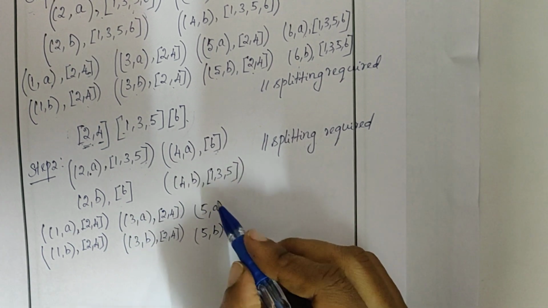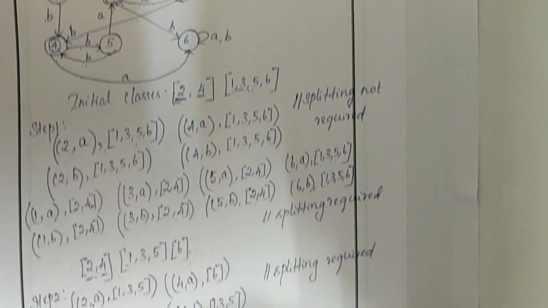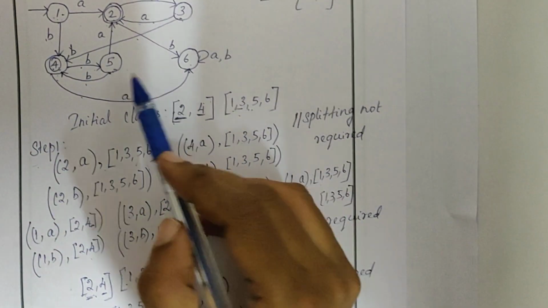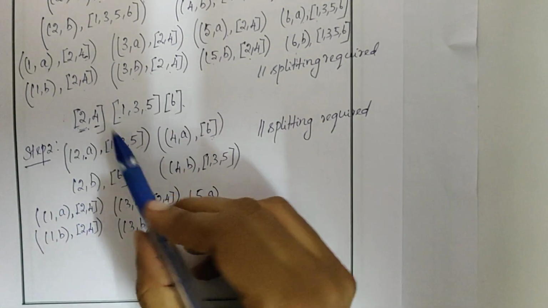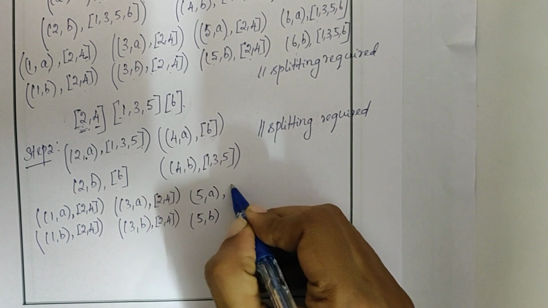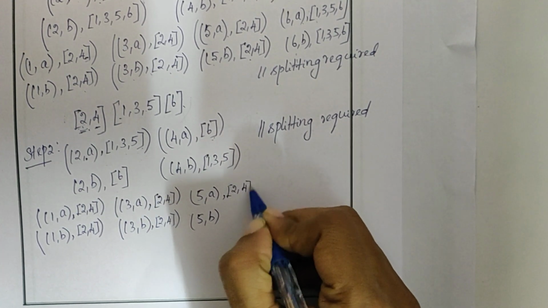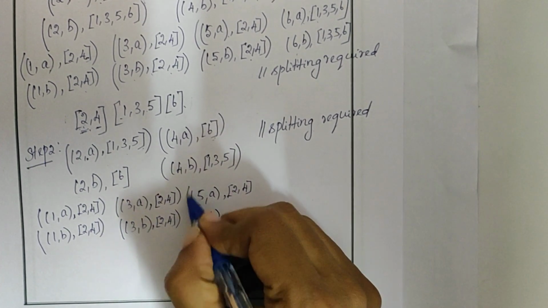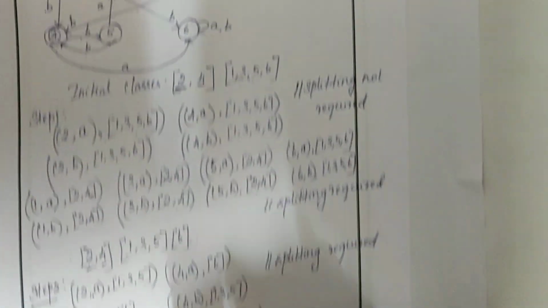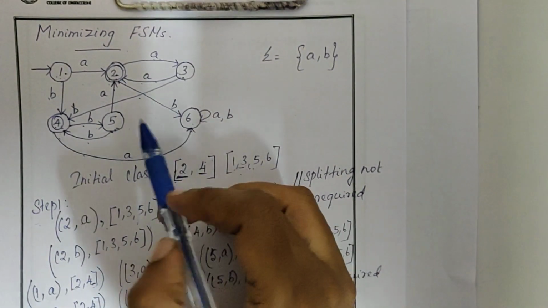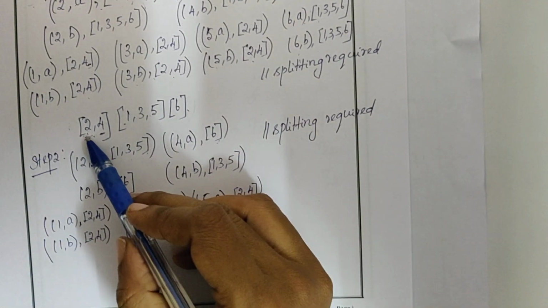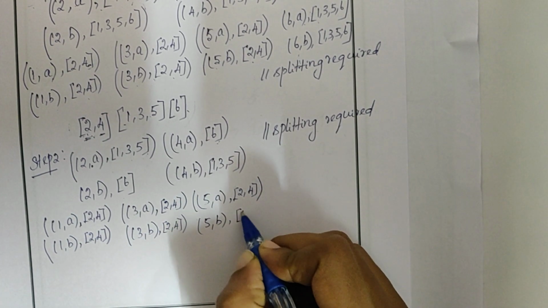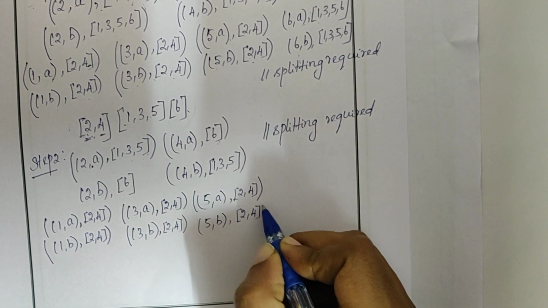Next 5. 5 is taking A input and moving to 2. So 2 belongs to the 2 comma 4 class. I'll write the class. Next 5, B. 5 takes B and is moving to 4. So 4 belongs to the 2 comma 4 class.